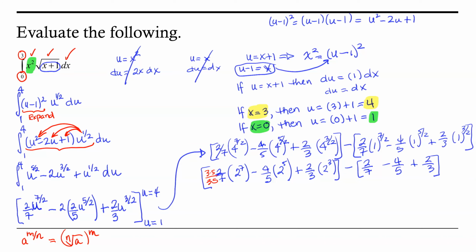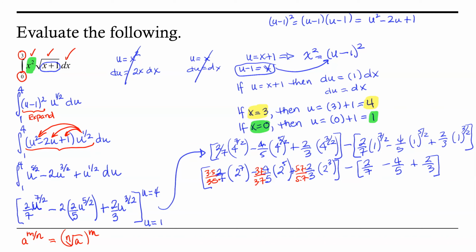And so my common denominator would end up being 3 times 5 times 7. For my second term here, I would need to multiply by 3 times 7 over 3 times 7. And for my third term here, I would need to multiply by 5 times 7 in both the numerator and the denominator.